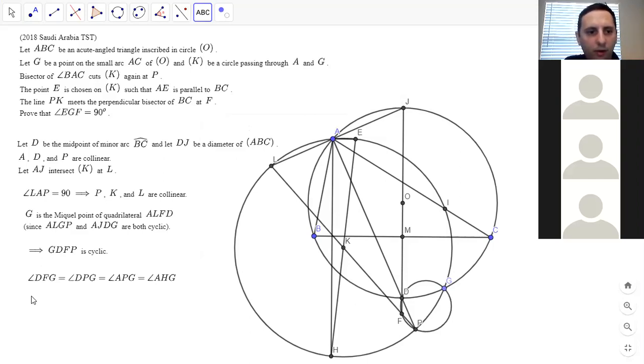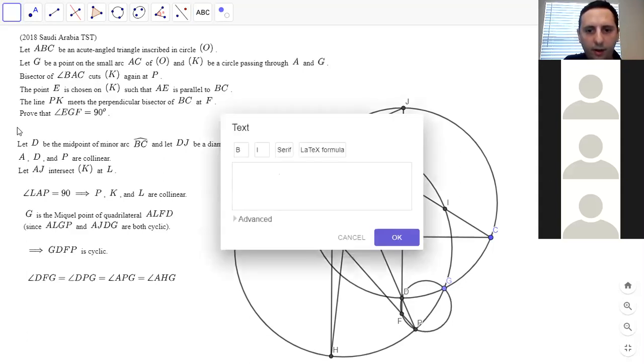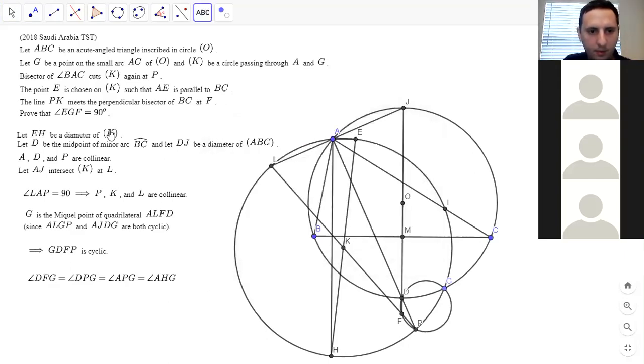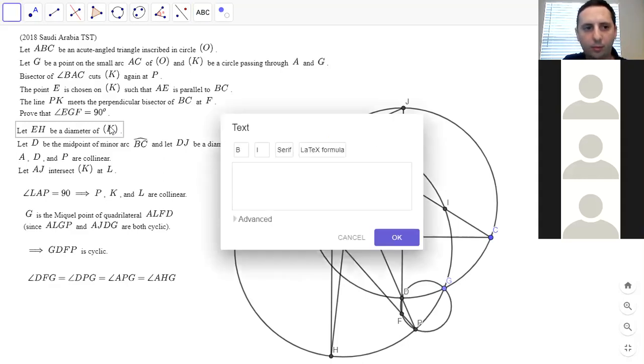So I'll say let EK meet the circle K at H. I'll just say let EH be a diameter of K. So then that implies, since angle EAH equals 90, that AH is perpendicular to BC. And then that's where we use that.